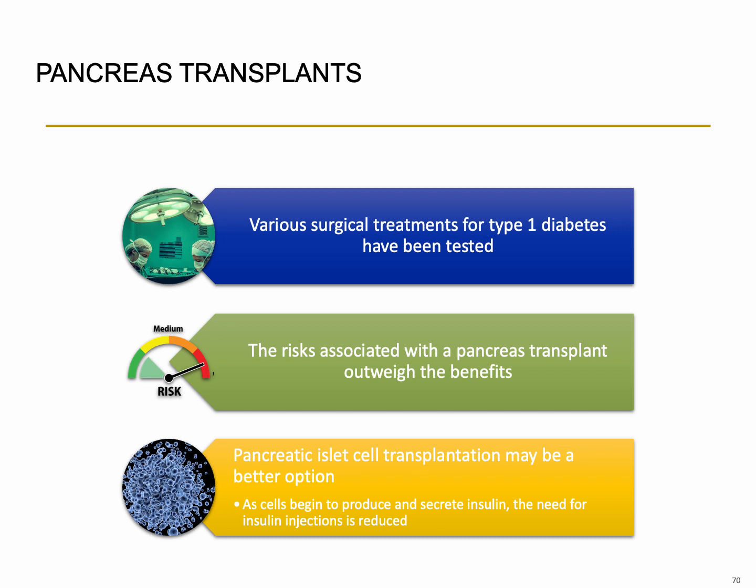So pancreas transplants are not super common because of these risks. That's different than kidney transplants, which are really common, and we'll talk about that in another chapter. And the other reason that they're not as common is just because we have these other ways of treating diabetes we've talked about in the last few slides.